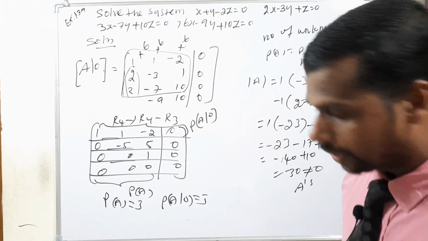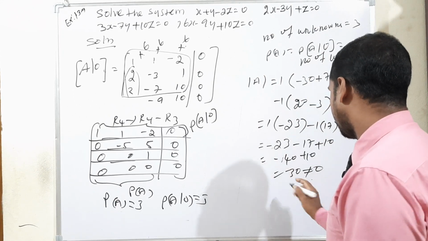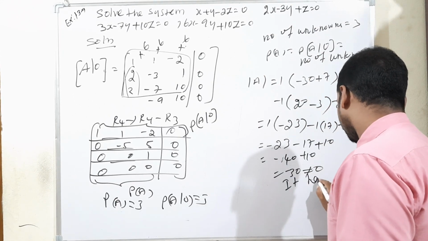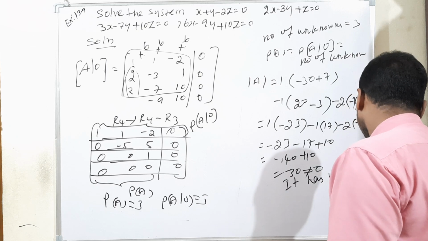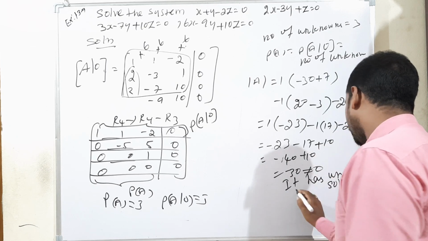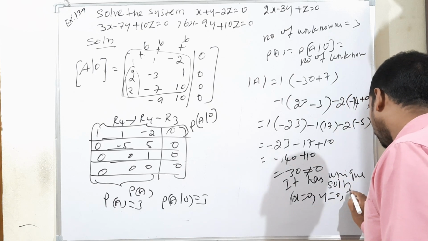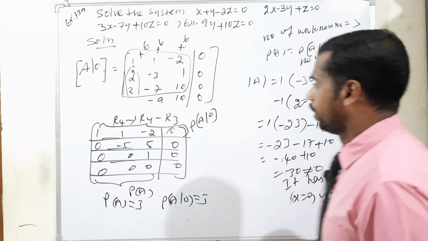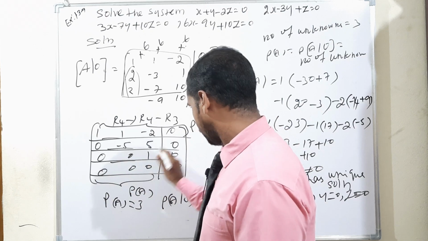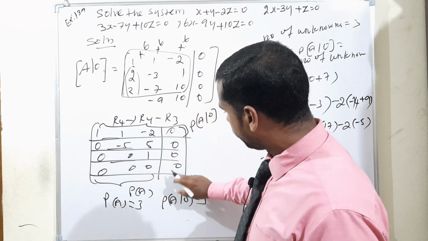So if it exists, then it has a unique solution. It has a unique solution. X is equal to 0, Y also 0, then Z also 0. How? Already I told you the last condition: each and every O term is always 0.